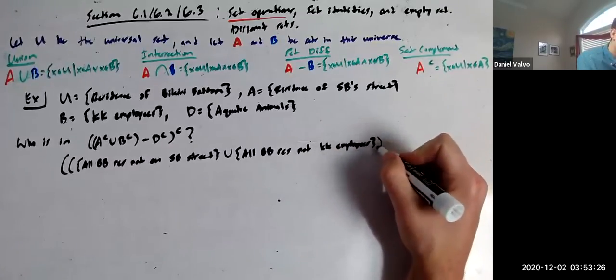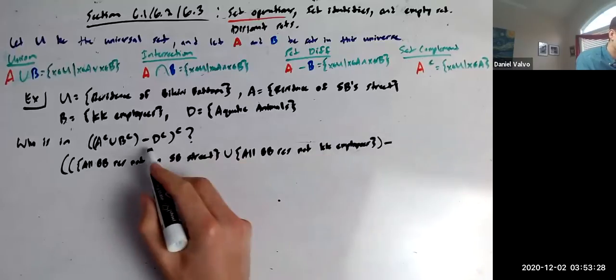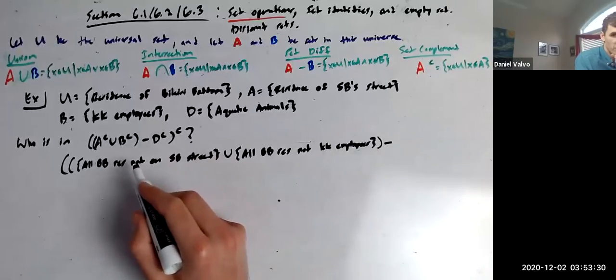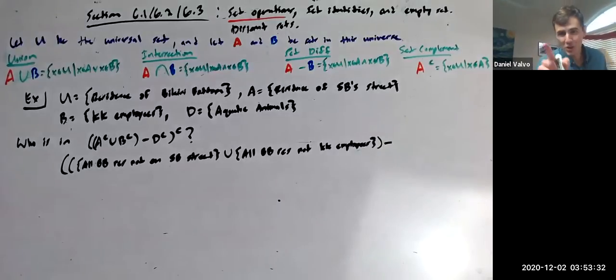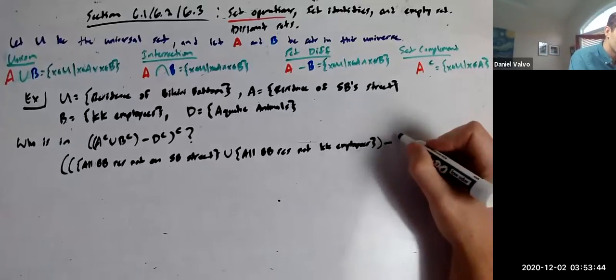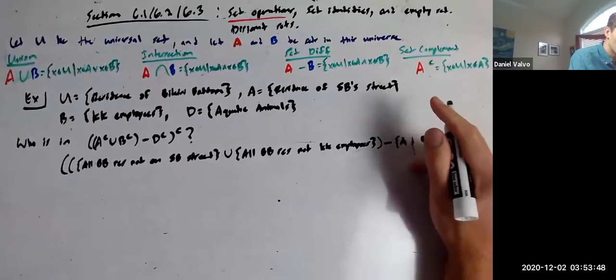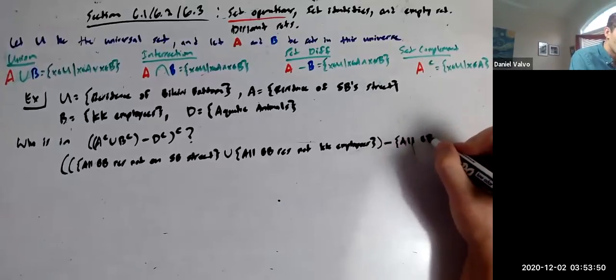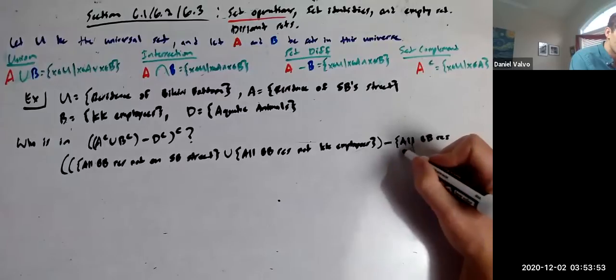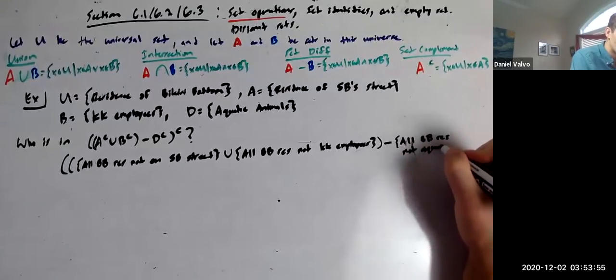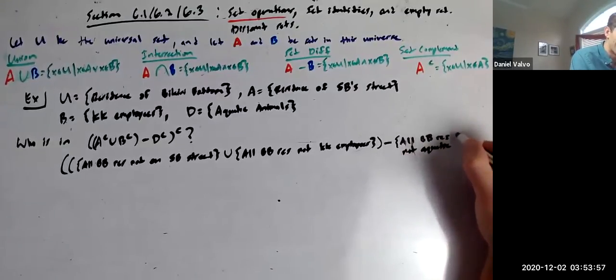And then we're subtracting D complement from this. And this is the part where you notice the squirrel thing. Great job. D is aquatic animals. And so if we take the complement of that for Bikini Bottom residents, that's just all Bikini Bottom residents that are not aquatic, we'll say.